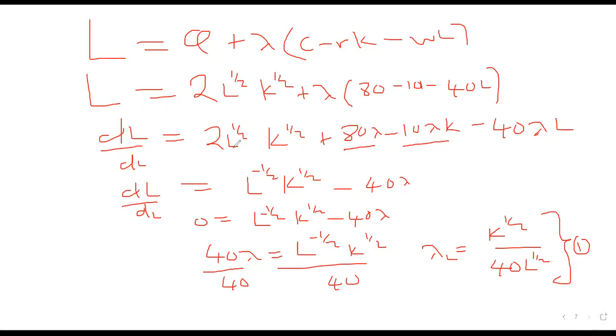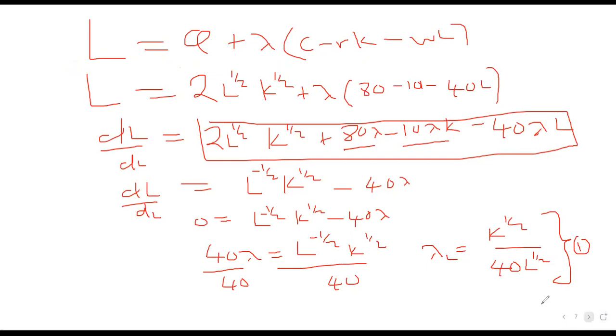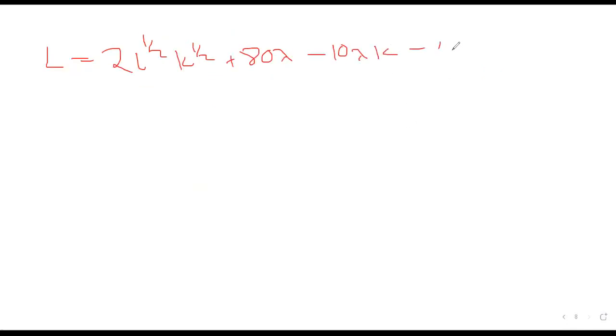K. So this expanded form, we're going to differentiate it in terms of K: 2L half, K half, plus 80 lambda minus 10 lambda K minus 40 lambda L. So now we're interested in the lambda against the K. So here our dummy is L half.